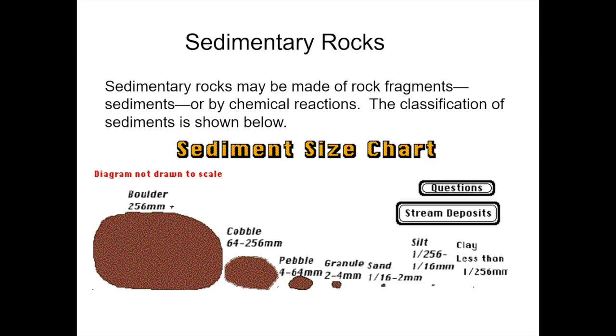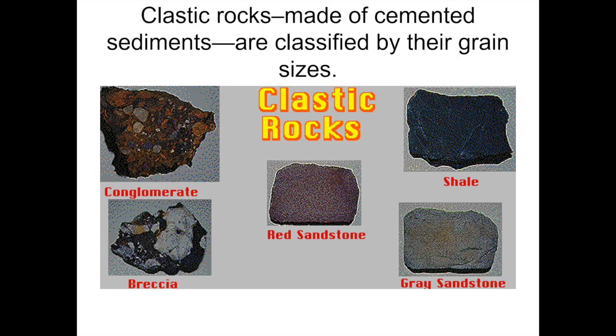Then you have cobble, then pebbles, granules, sand, then silt, and then finally clay. And again, these materials then affect permeability of that rock as well. The larger the particle, the more permeability, the more spaces, the more gaps for those materials to flow through.